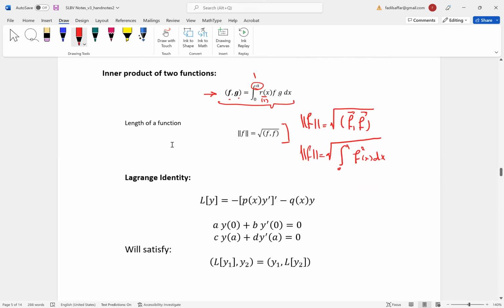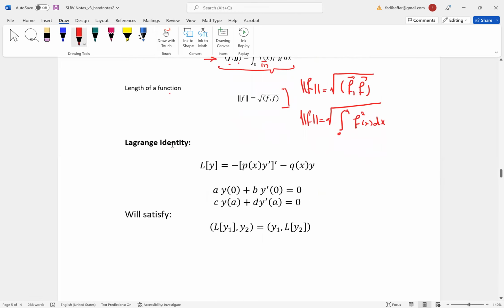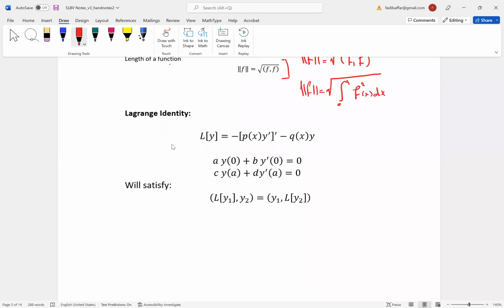Now, I want to introduce the Lagrange identity, which is quite related to the inner product. Basically, the Lagrange identity is the left side of our SLBV problem. We still speak about SLBV, though we spoke about functions, but we're still there. The Lagrange identity, which here we defined as L, is defined as this.